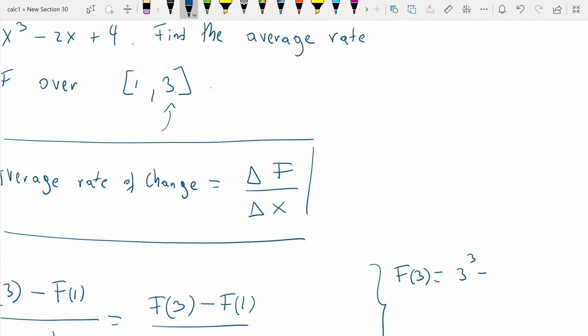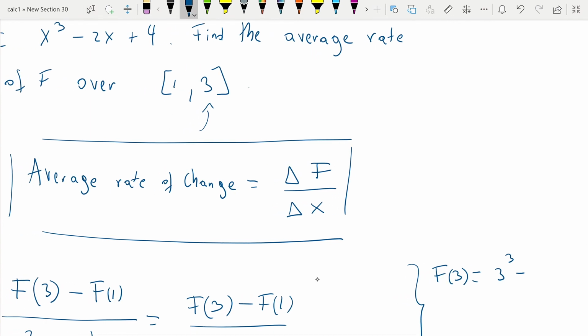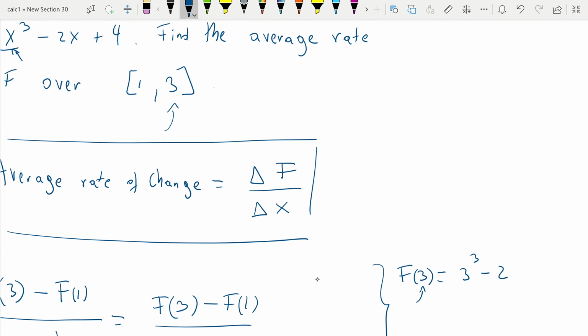But f of 3 amounts to computing 3 cubed because of this term here. So wherever it says x, we plug in what's inside of f, which is 3, minus 2 times x, which is up here, and that's 2 times 3, and then plus 4. 4 is here.